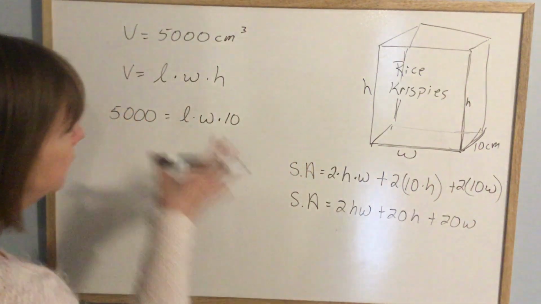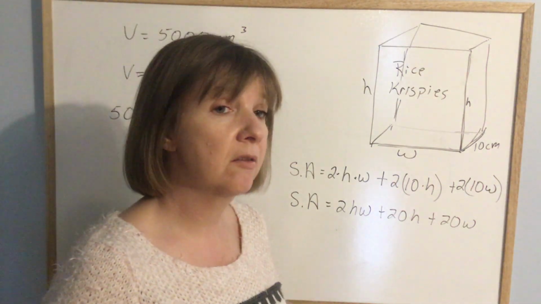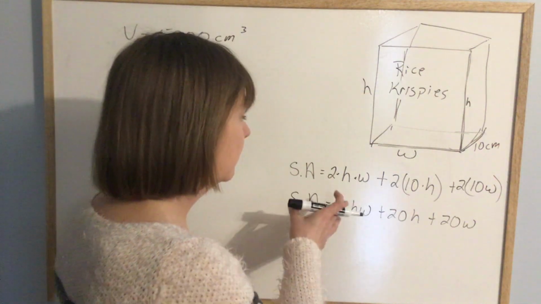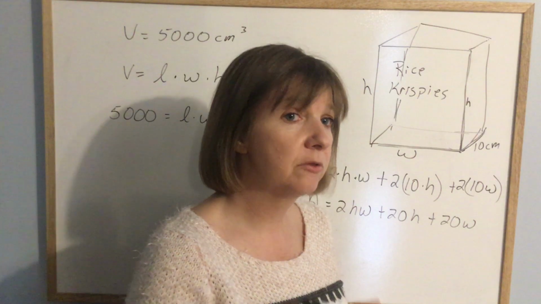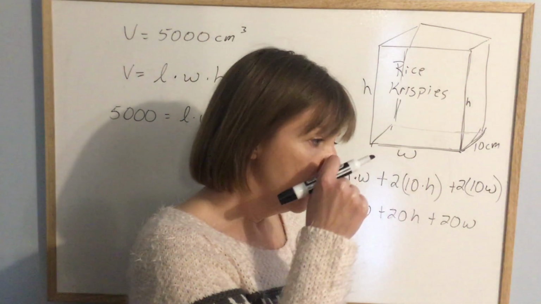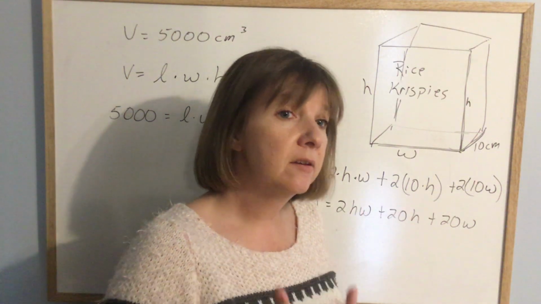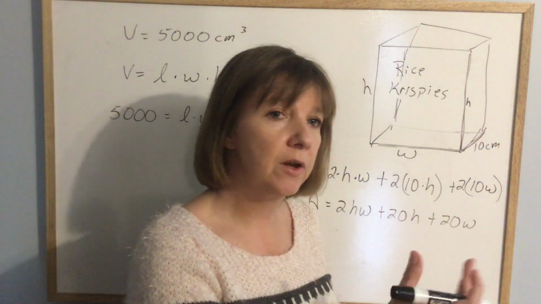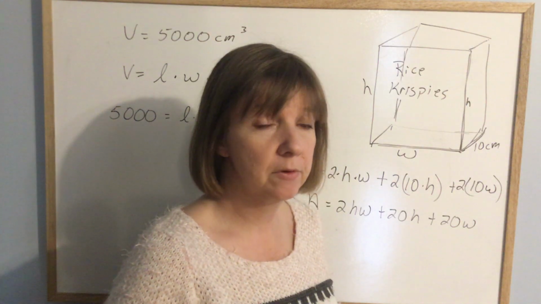Now, of these two equations, I want to minimize one of them. The one I want to minimize is surface area, because I want to minimize the amount of material that I'm using. To minimize something, to find a local minimum, to put it in the language of the last section, we have to find the first derivative.